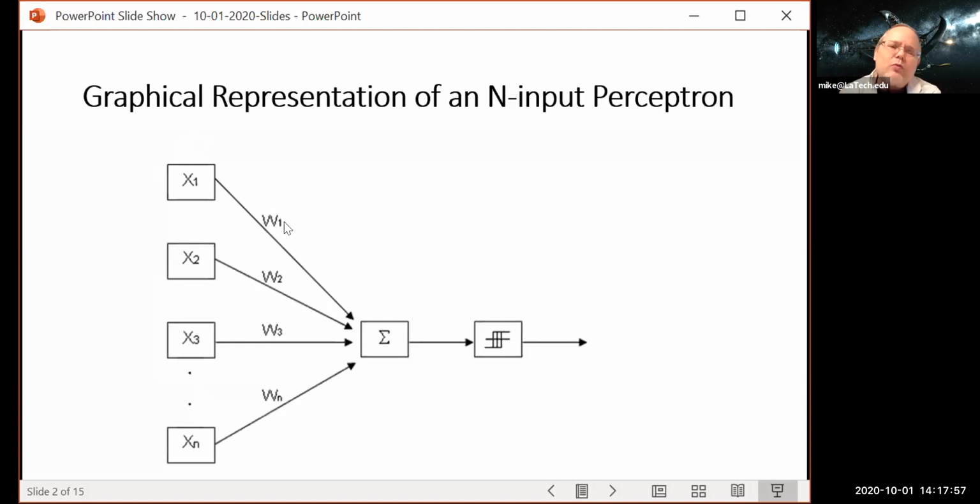Now let me ask the question, what if the weight is 0? What's the effect of input x1 if weight 1 is 0? What will the effect of that be? Let's see what we said here. Well, the effect is 0.